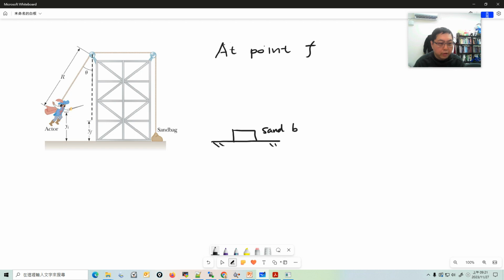This sandbag is connected to the actor with a rope, so it will feel a tension, right?